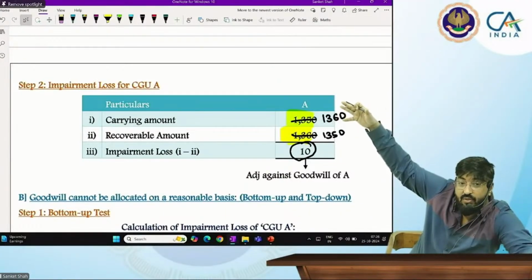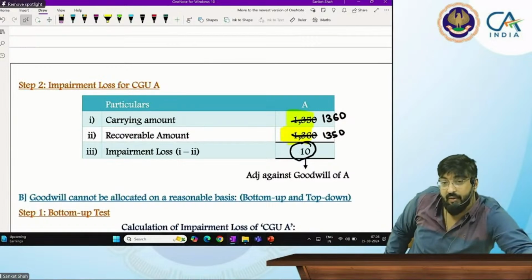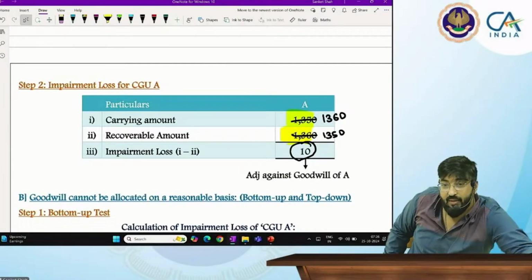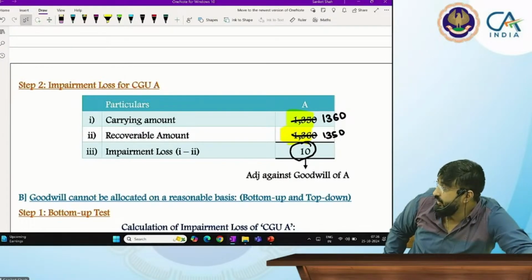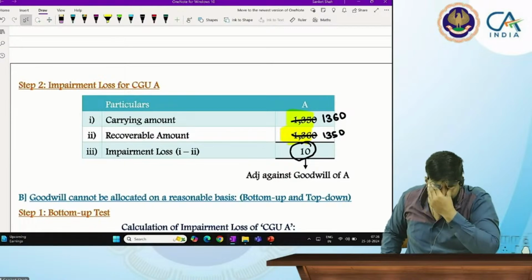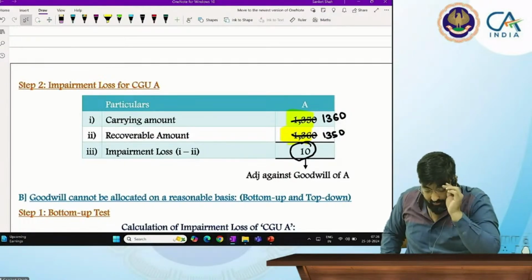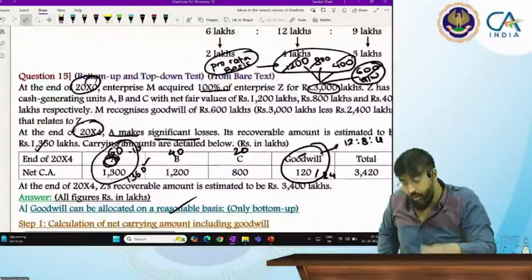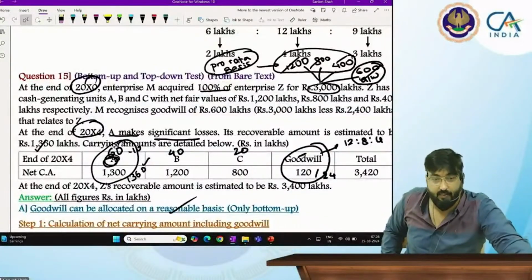Neha ji, you understood this CGU concept? I'm going to explain it in English, but now bottom up test is done, now I'm moving to top down test. Okay. See, Neha ji, I acquired one asset on 1/4/2020.